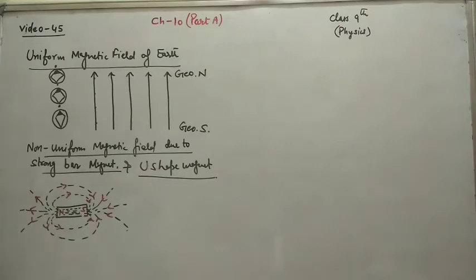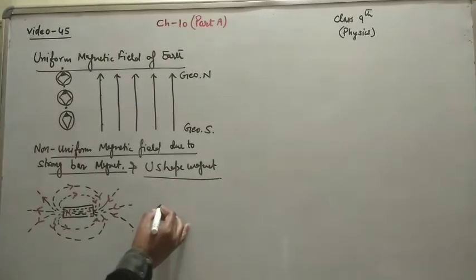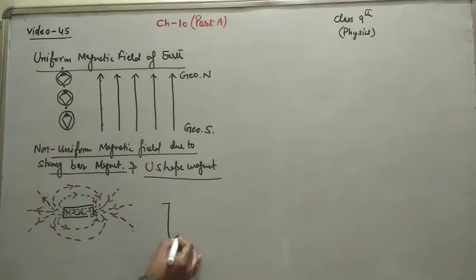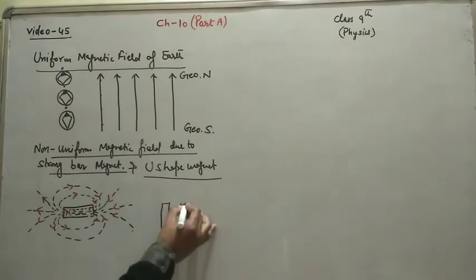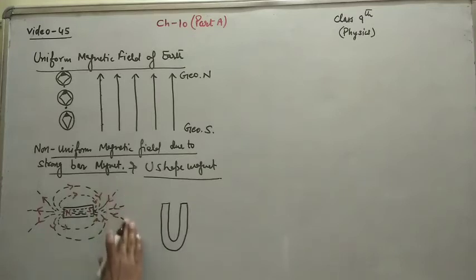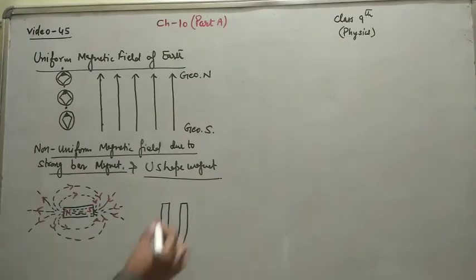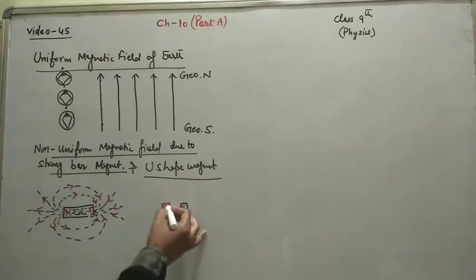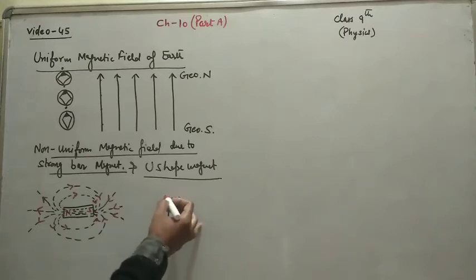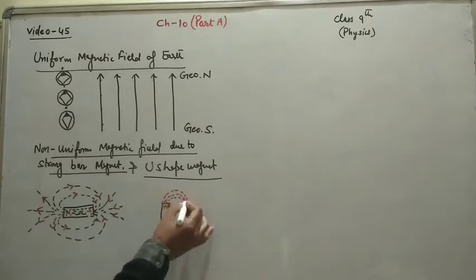For the U-shaped magnet, one end will be north and the other one will be south in this way. So in this way the magnetic field lines always start from north.